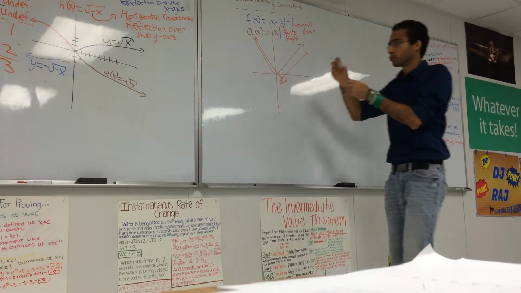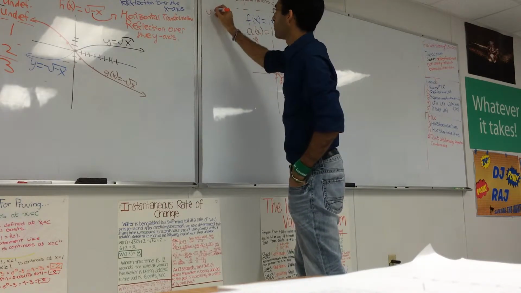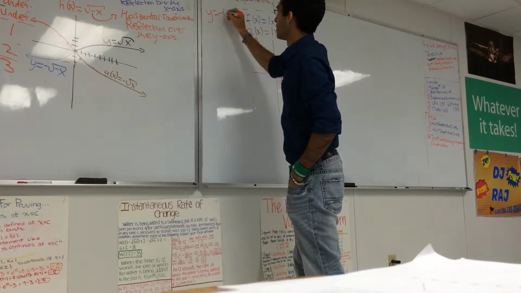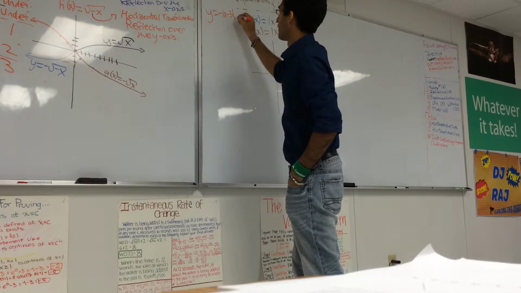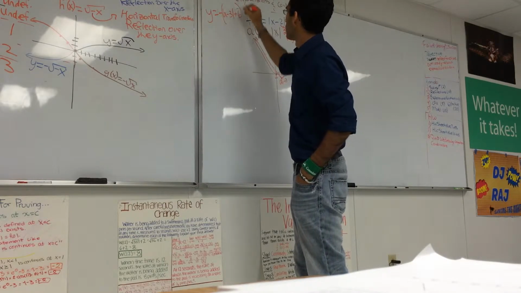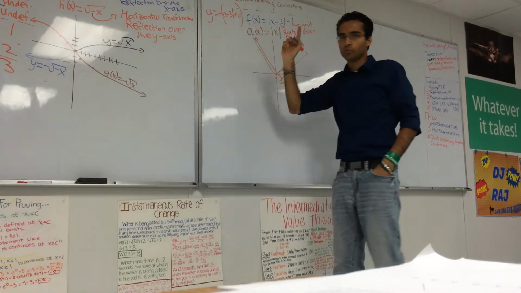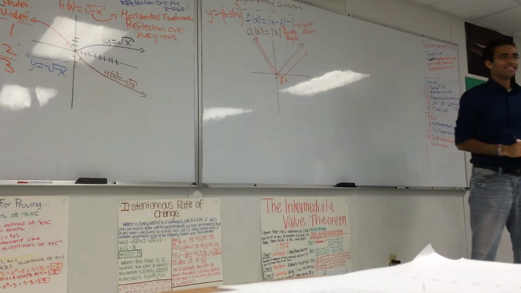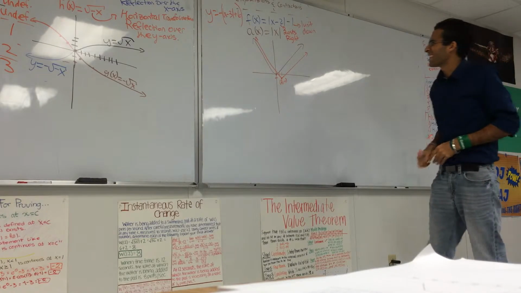Graph this later on, don't do it right now. And I actually want this to multiply by the whole thing. If you graph this, you should be able to get that. We'll do it at the end of class. We'll see if I'm right.